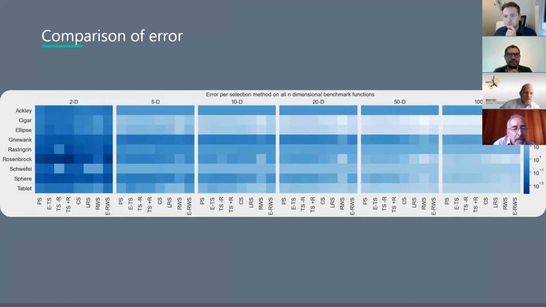Now, the interesting bit here: you look at Ackley, it seems that for all dimensions we have similarity of performance of all selections, and that shouldn't be strange, because Ackley is designed to be a nightmare for search, isn't it?